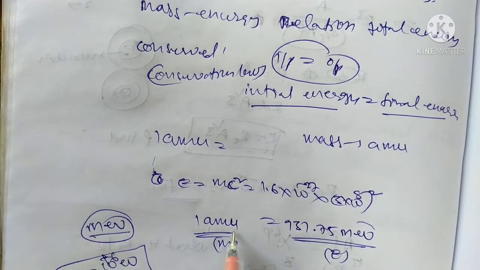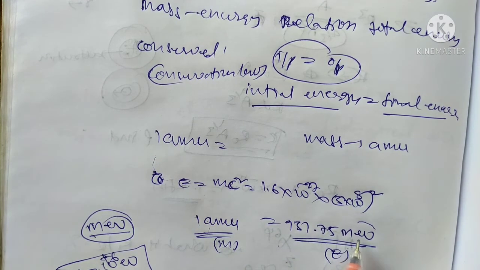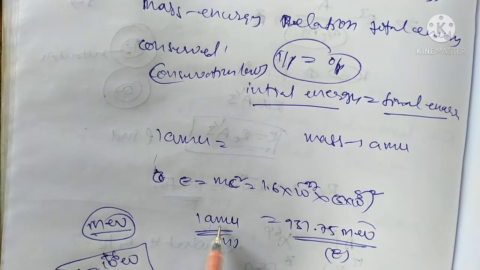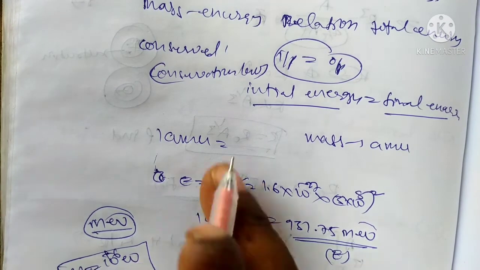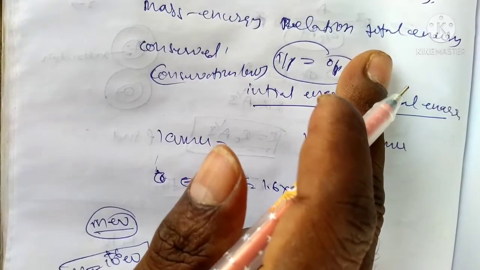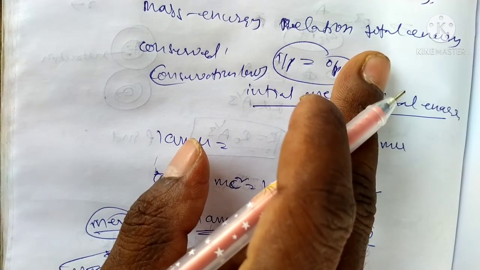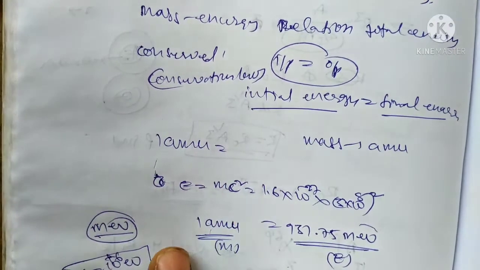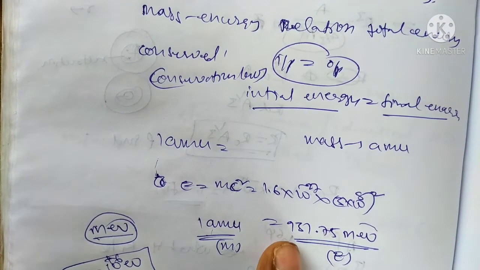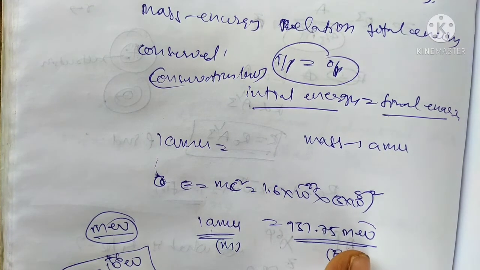That is, one atomic mass unit is equal to 931.75 mega electron volts. This is the energy, this is the mass. Mass can be converted into energy, and energy into mass. This is the mass energy relation in the special theory of relativity according to Albert Einstein.